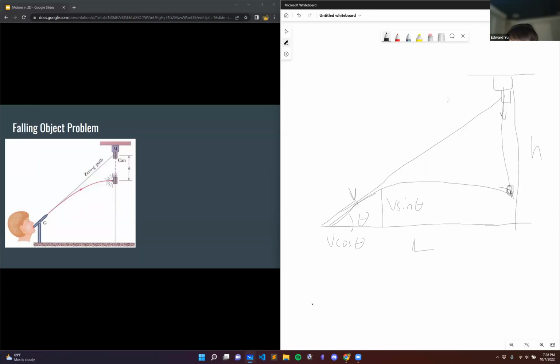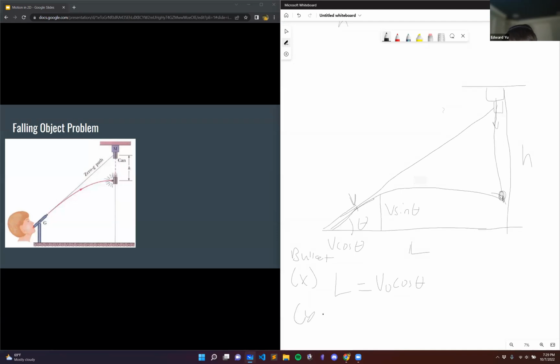So we would write the equations, let's write the bullet first. So for the bullet, for the x, it would be L is equal to 0 plus v cosine theta times t.